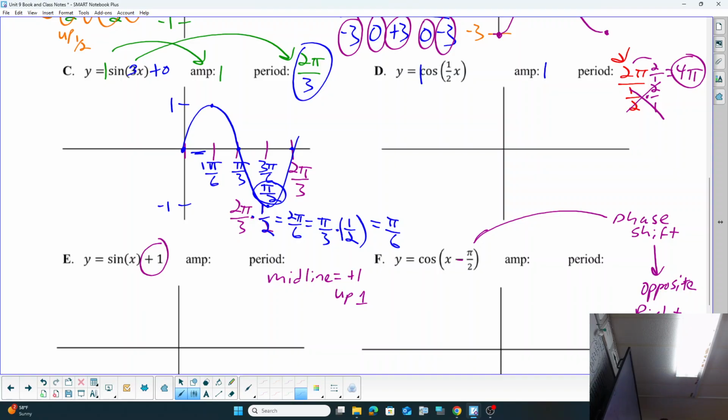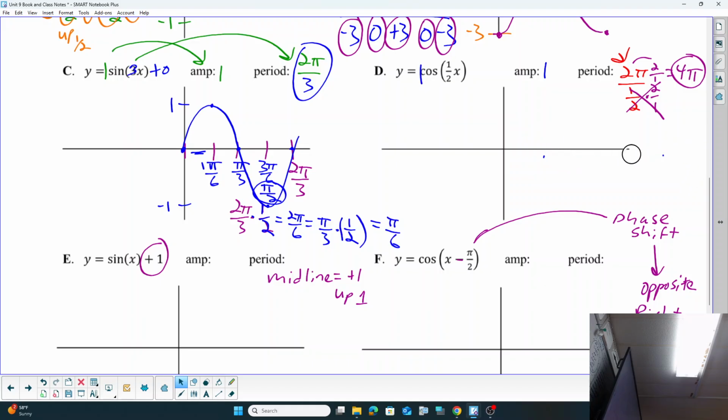Okay, this one's going to stretch all the way. 1, 2, 3, 4, 5. So that's going to stretch all the way to 4 pi. So half of 4 pi is 2 pi. Half of 2 pi is 1 pi. Wait, yeah, 2 pi. Oops, I messed up on my lines there. So let me erase that.